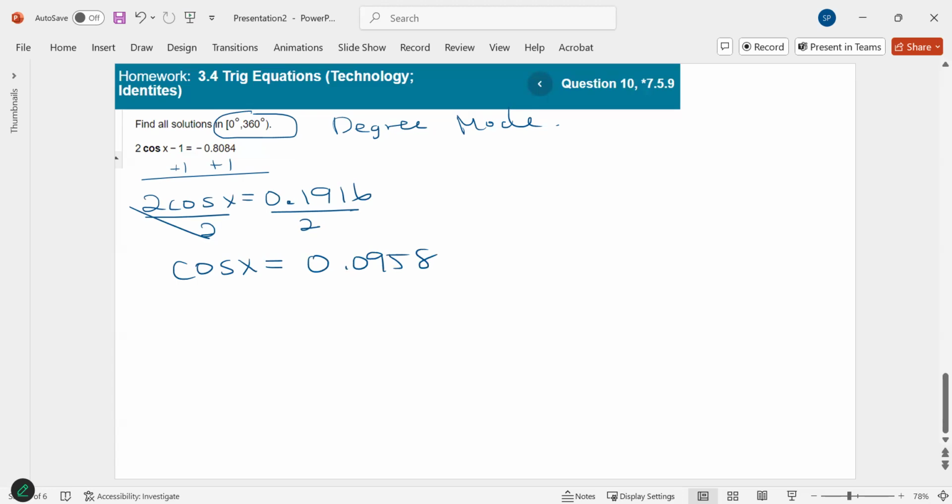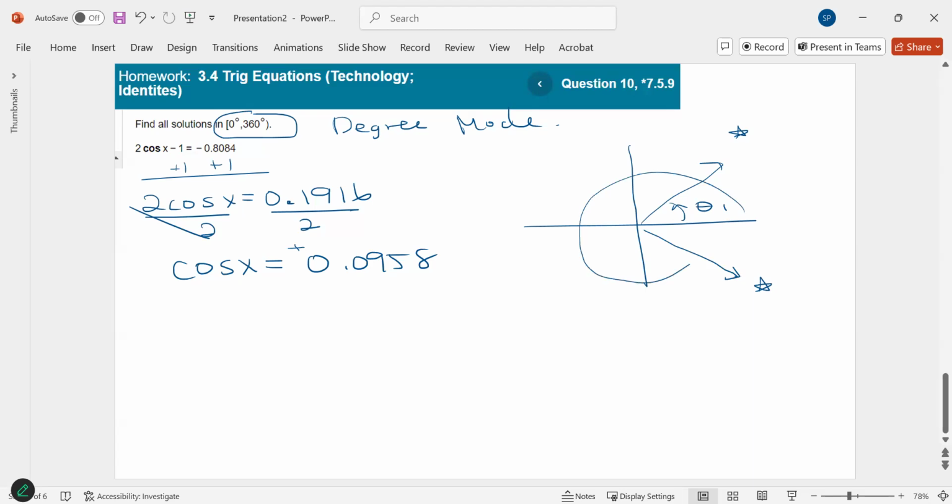Okay, so this time cosine is positive, and cosine represents your x-coordinate. Where's the x-coordinate positive? It's positive in quadrant 1 and 4. So we're looking for 2 angles, one there, and then the other one where the terminal side is there, going counterclockwise because we want positive angles. Okay, so let's take the inverse cosine of 0.0958 and plug that into the calculator.